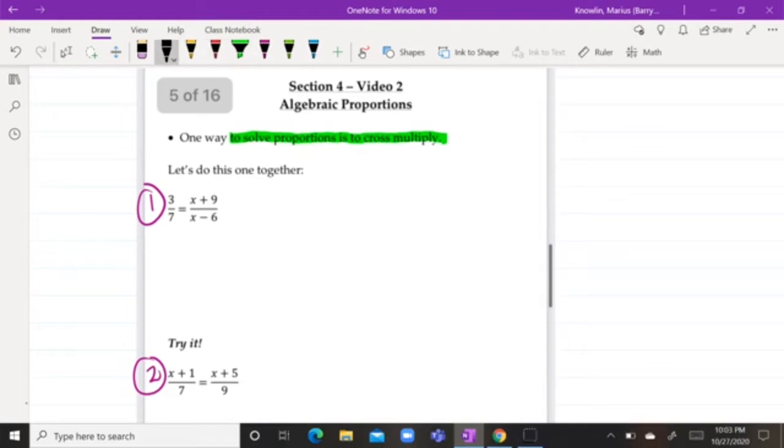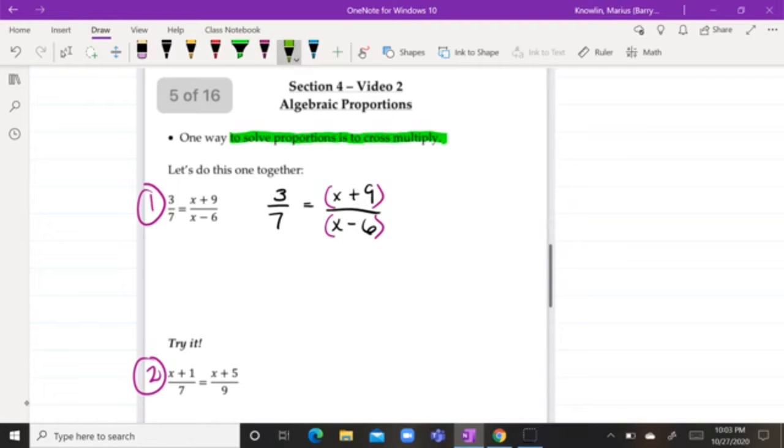So first I'm gonna go ahead and rewrite my problem. 3 divided by 7 equals x plus 9, which is a group, divided by x minus 6, okay? So remember that you're really treating the numerator as a group and the denominator as a group.